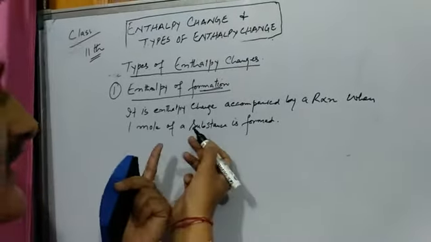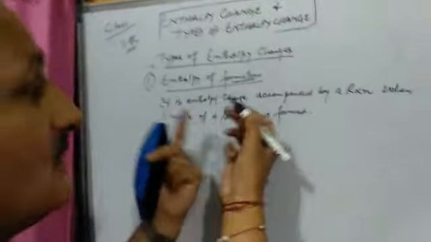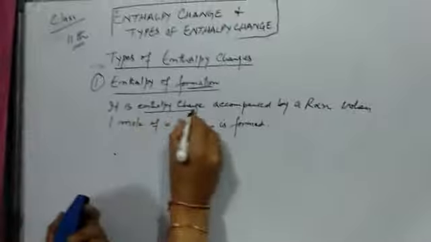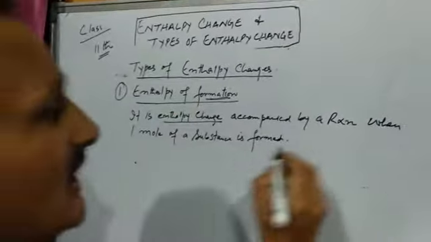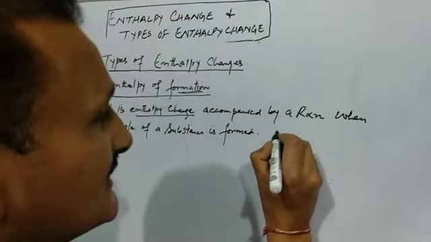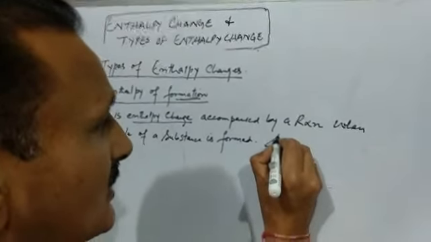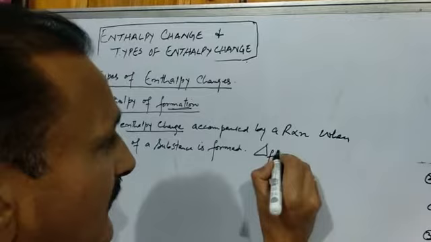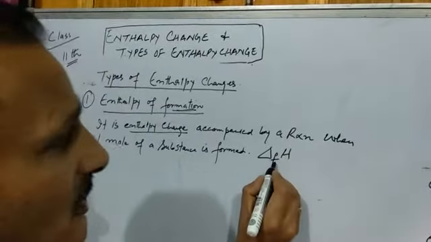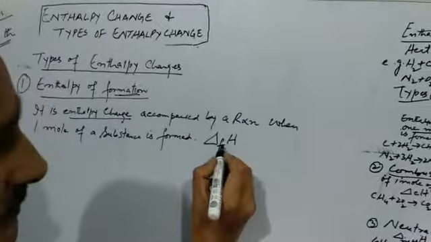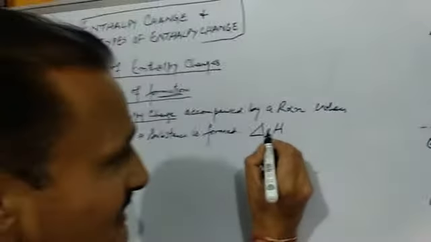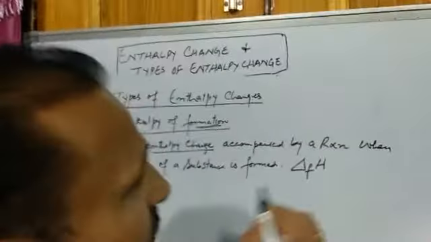When 1 mole of a substance is formed, during that process, whatever is the enthalpy change, that enthalpy change is known as enthalpy of formation. Enthalpy of formation is designated by delta fH, F for formation here, and delta H for enthalpy change. So what we have done, we have just put F here, F for formation.